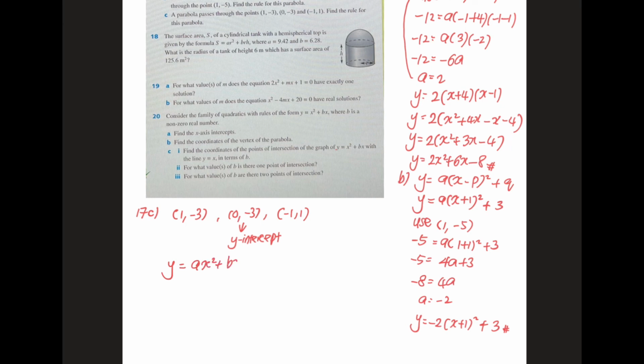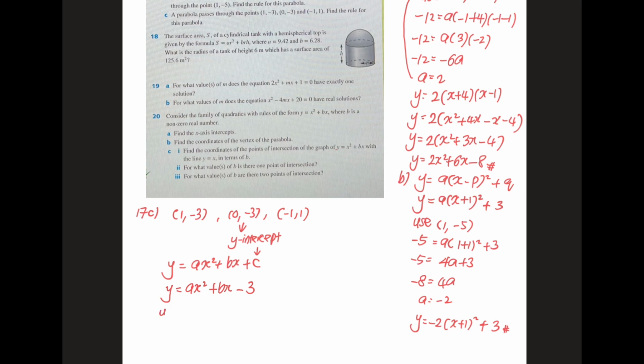So when we set up our quadratic ax squared plus bx plus c, you need to know the c is the y-intercept. Because of the information available here, minus 3 is the y-intercept. So this c can be minus 3 straight away. So y equals ax squared plus bx minus 3.